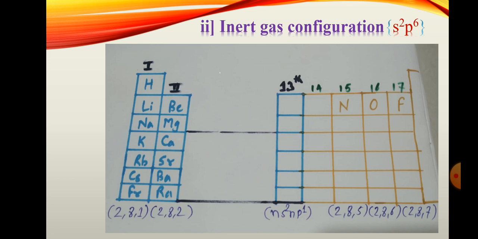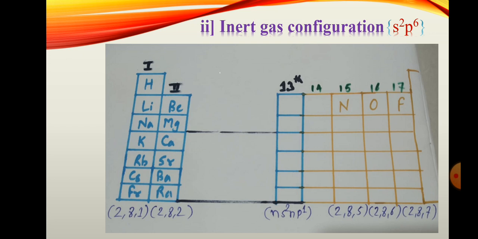The first group and second group are called alkali metals and alkaline earth metals. We will not go into the detail, but very simply, the electronic configuration is indicated in numbers, that is 2, 8, 1 for alkali metals and 2, 8, 2 for alkaline earth metals. For attaining the inert gas configuration, the alkali and alkaline earth metals lose 1 electron and 2 electrons respectively in ionic bond formation, along with group 13 elements.